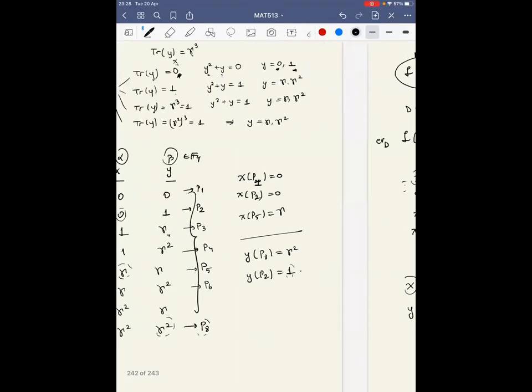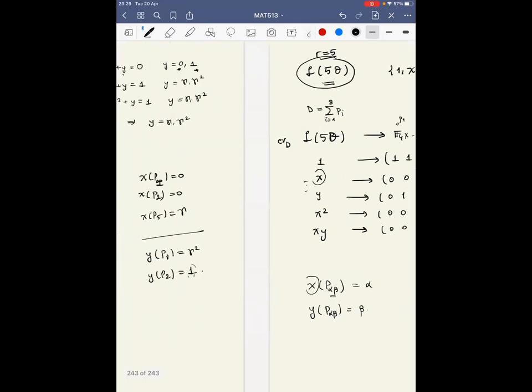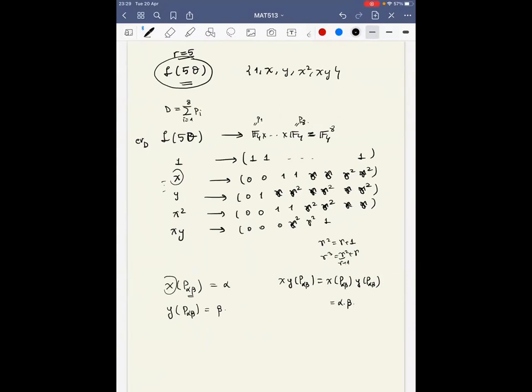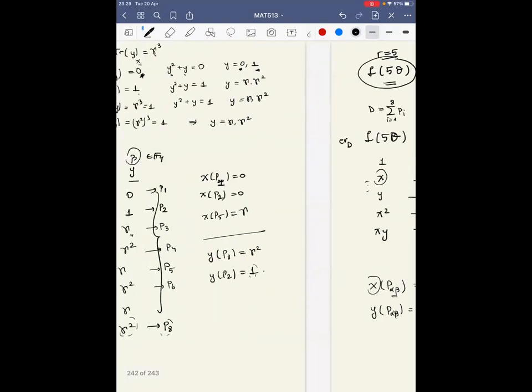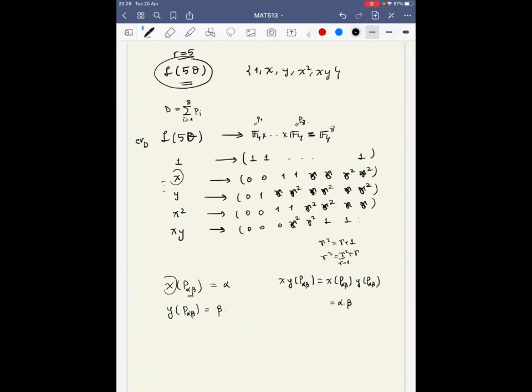If gamma square is gamma plus 1, then gamma cube is gamma square plus gamma, and gamma plus 1 plus gamma is going to be 1. And at P7 and P8, 1 and gamma.